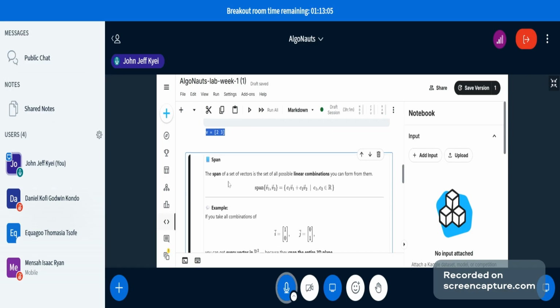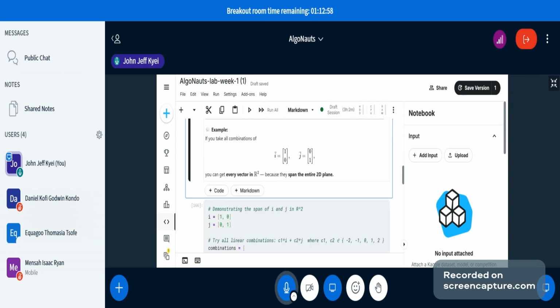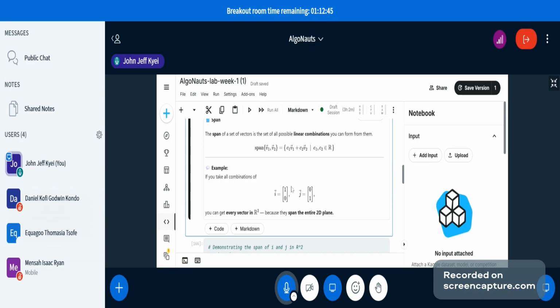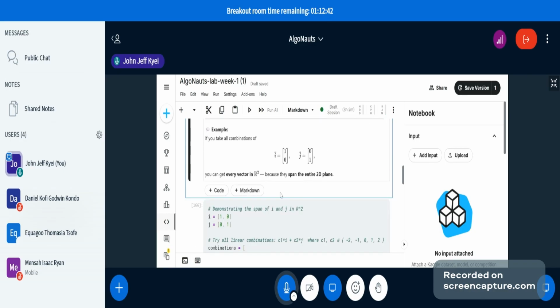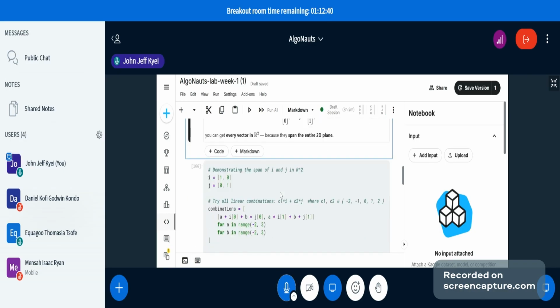So let's review what we have here. The span of a set of vectors is the set of all possible linear combinations you can form from them. If you take all the combinations of these, you can get every vector in the 2D space, because they span the entire 2D plane. So how do we find all the combinations of it?